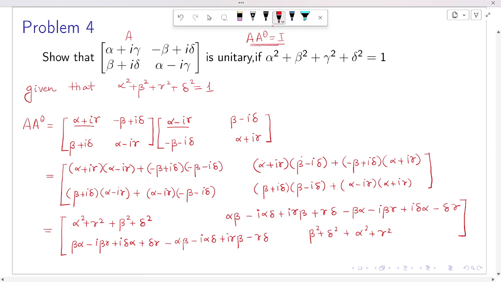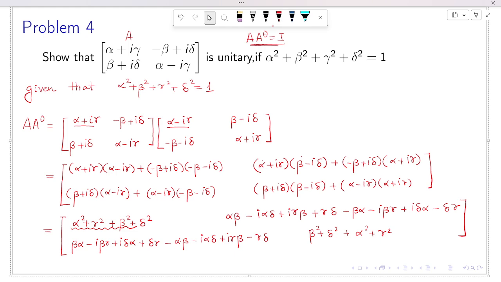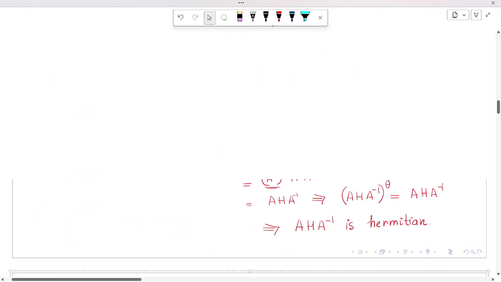Now this thing is 1. This thing is just 1 because we are given it to be 1.